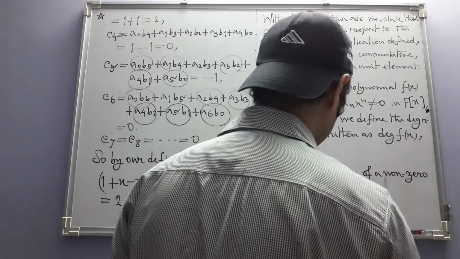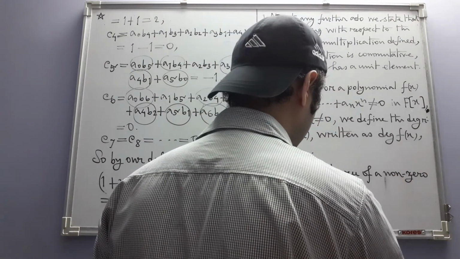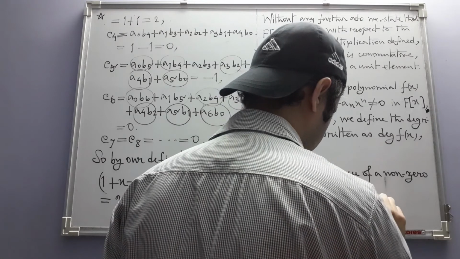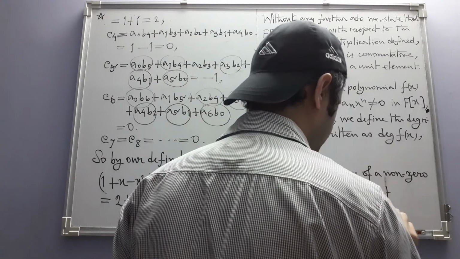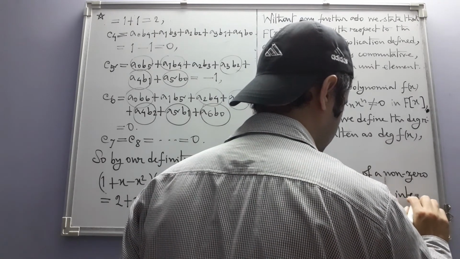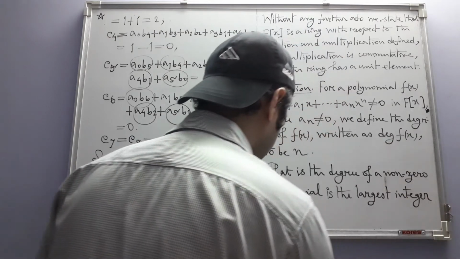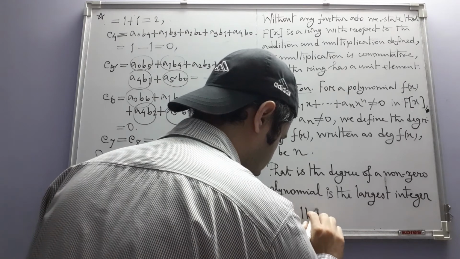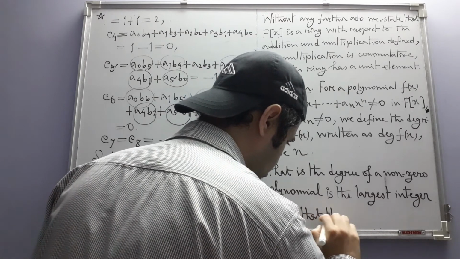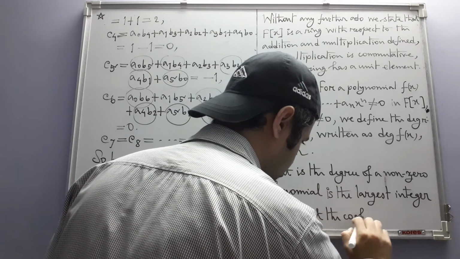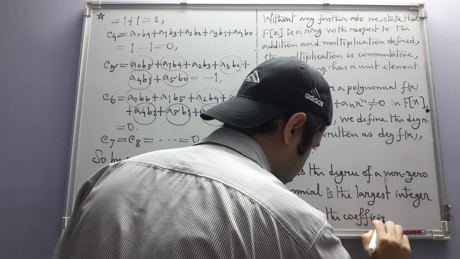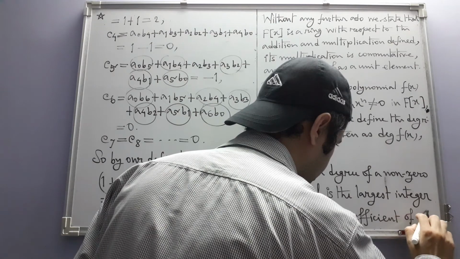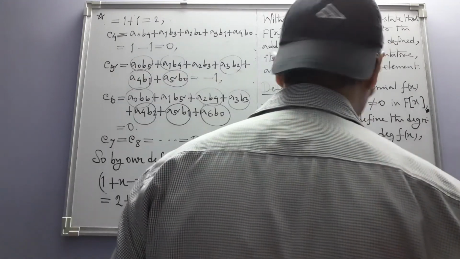So that is, the degree of a non-zero polynomial is the largest integer i such that the coefficient of x to the power i is non-zero.